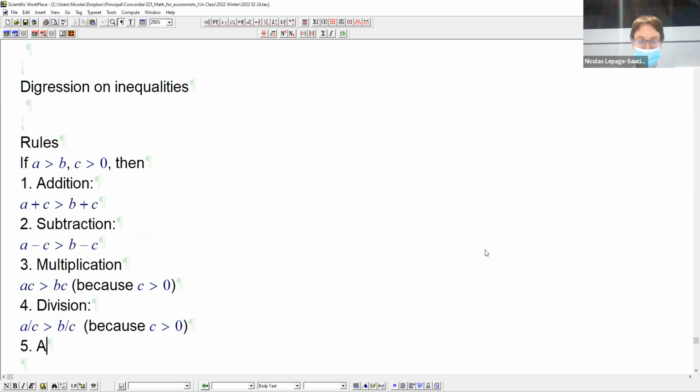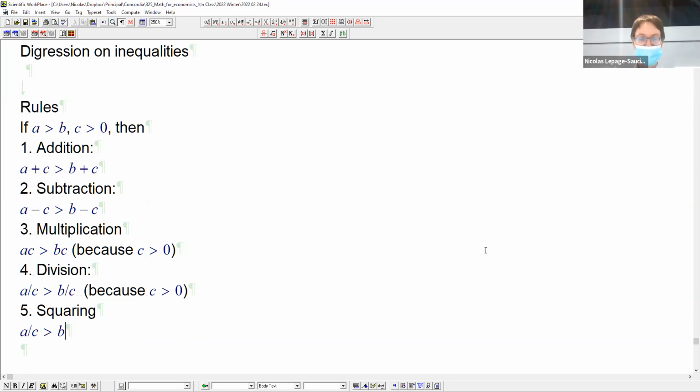Squaring. So this might be more original. If I know that A is greater than B, then, oh yes, it's more subtle than this. A squared is greater than B squared, provided that B is greater than 0.